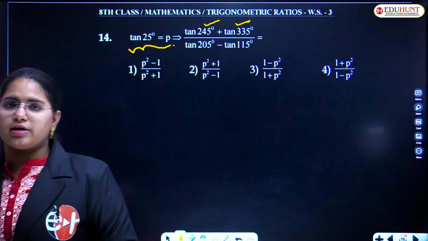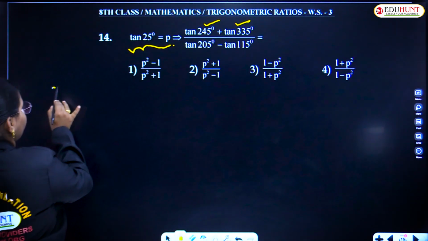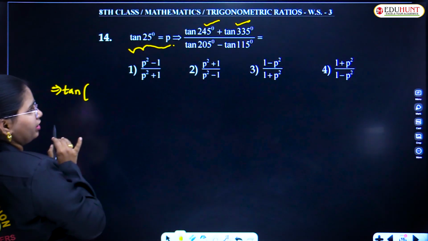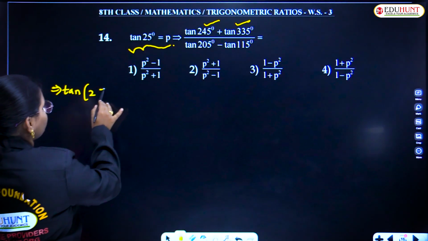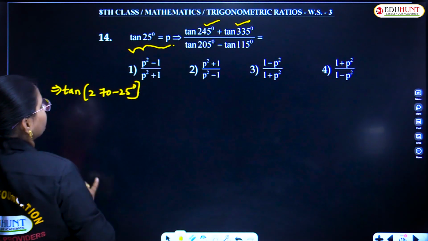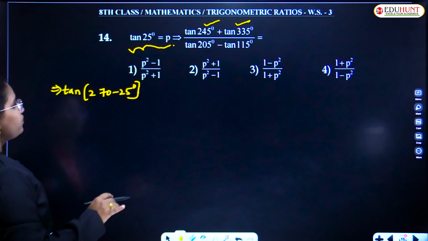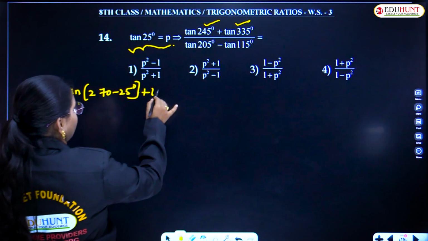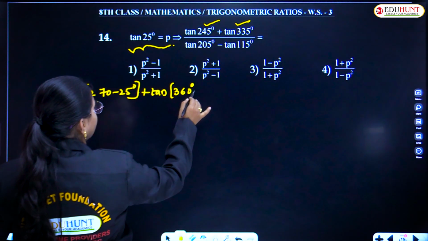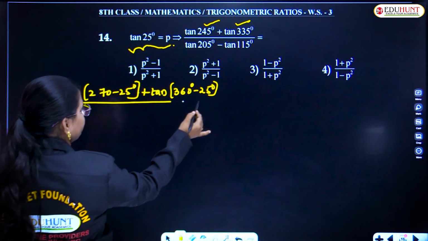Let's get back to the numerator first. Tan 245, can I write it like tan(270 minus 25)? Yes, 270 minus 25 is 245. Plus tan 335 degree, can I write it like 360 minus 25?